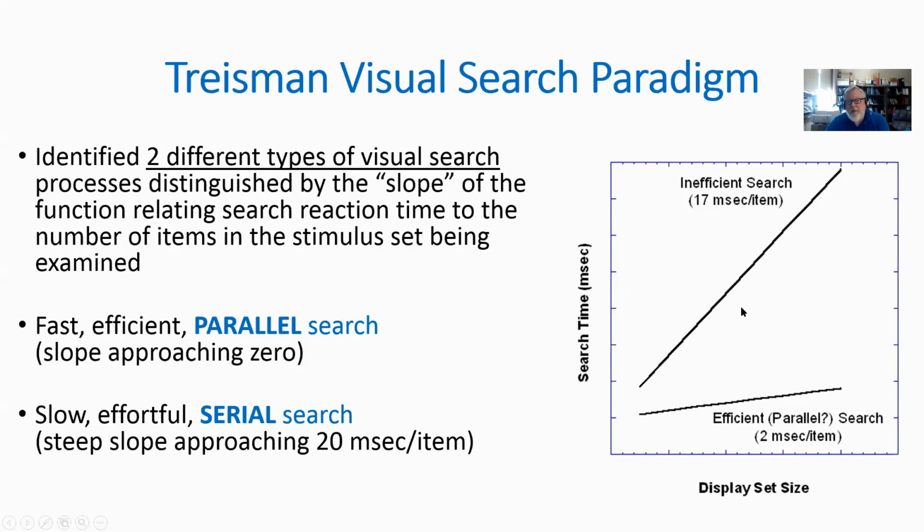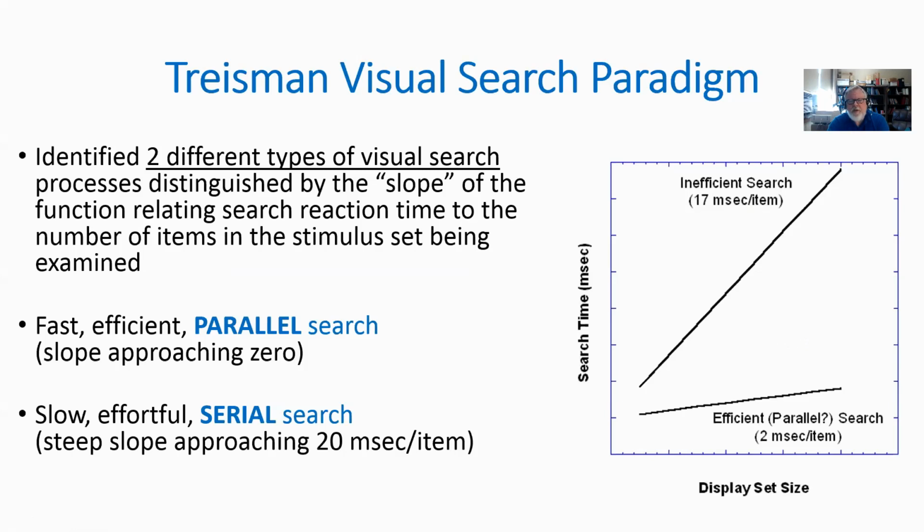It's as if we have to process every single stimulus as we're searching through the array one by one, processing the distractors until finally, aha, we look at the target. So if you have a steep slope like this in your search function, that suggests that you are doing a serial search task. And if you have a flat slope, as we're seeing in this bottom example, you are performing your search using a parallel approach as opposed to a serial approach.